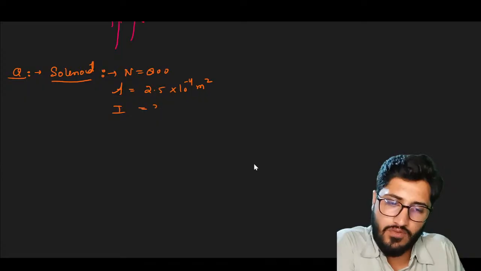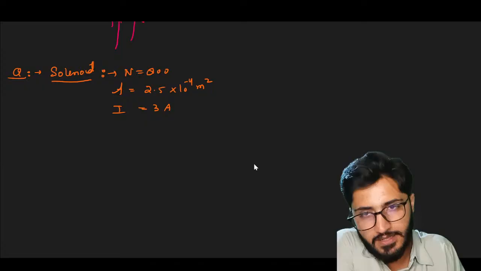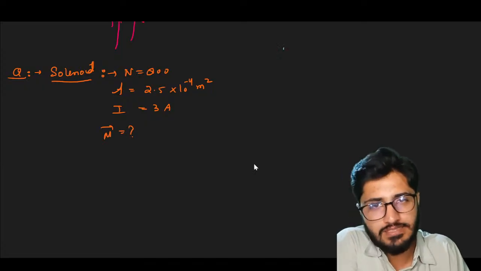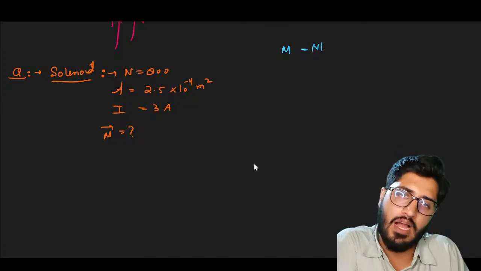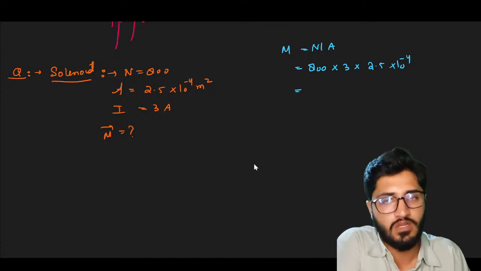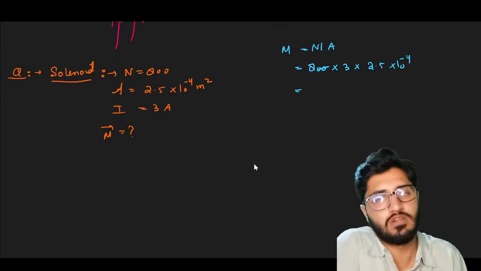Current is given as 3 ampere. Find magnetic moment. I guess magnetic moment is nothing but NIA. N is how much? 800. Current is how much? 3. And area is 2.5 × 10 to the power minus 4. So 20 cancel.